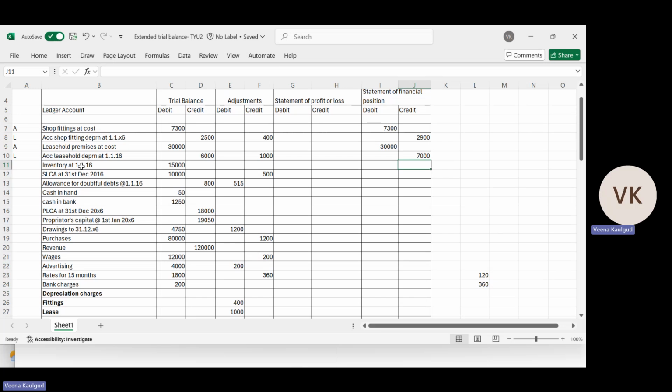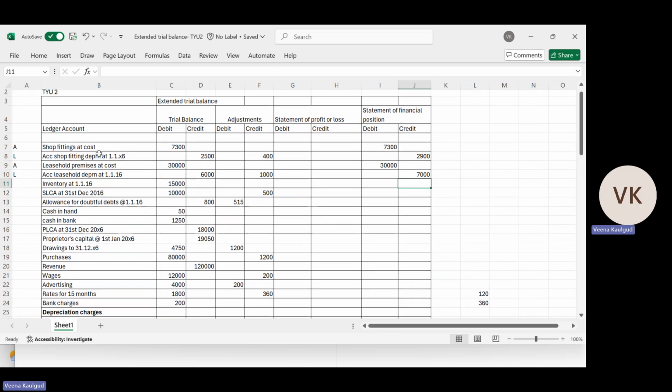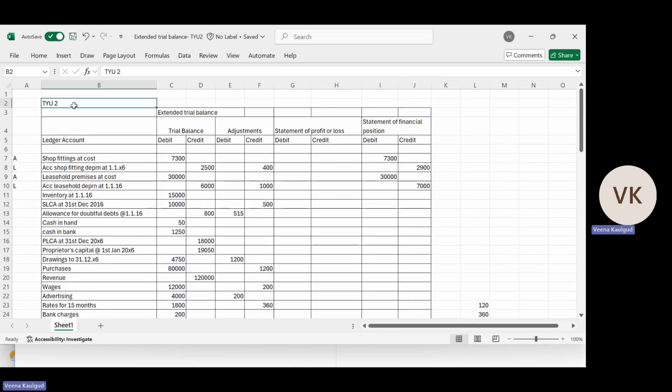Inventory at 1,116. So this is basically your opening inventory, guys. Let me just write in the beginning, it is for the year ended.